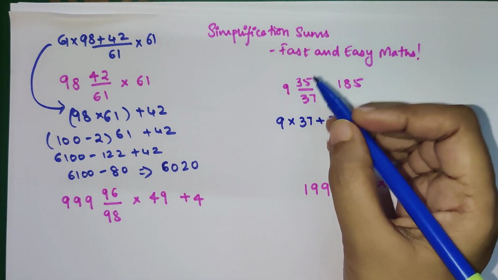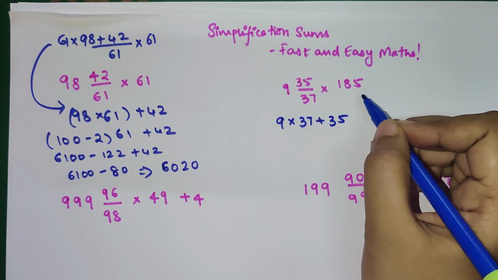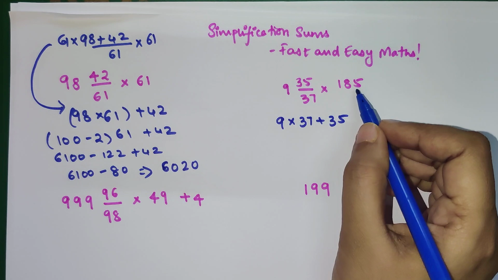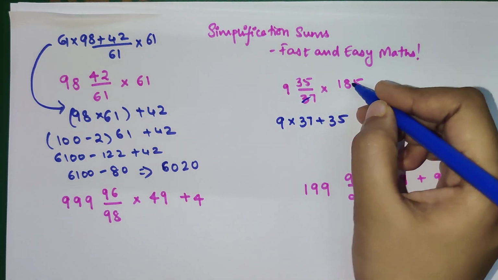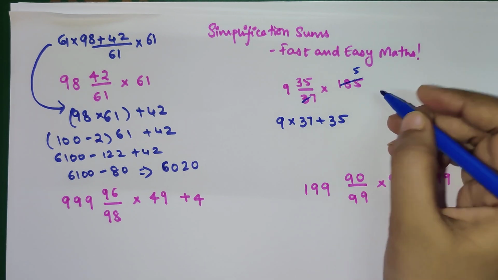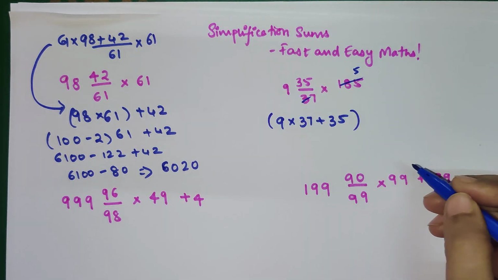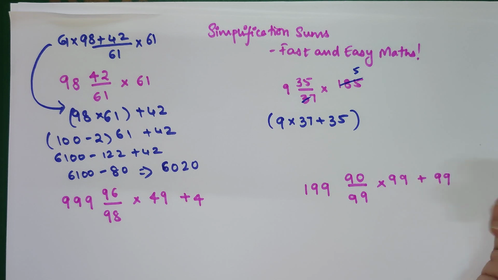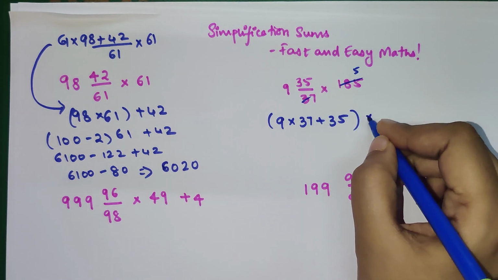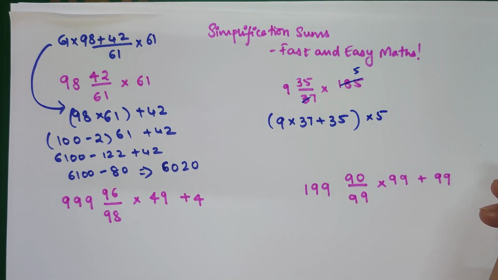Now if you look closely, 37 multiplied by 5 gives you 185. So you can do this orally over here and cancel this by 5. Now whatever answer you're getting from this bracket is just simply getting multiplied by 5.